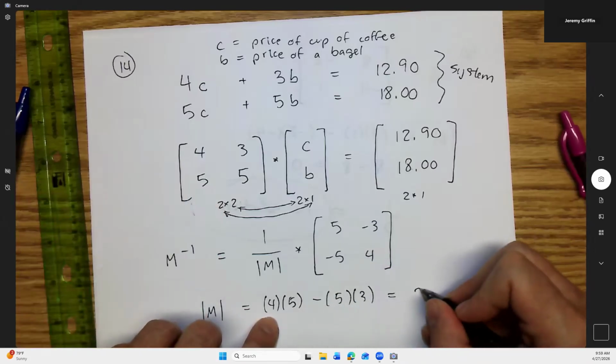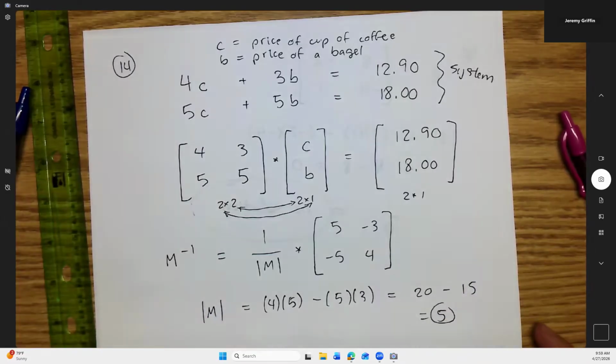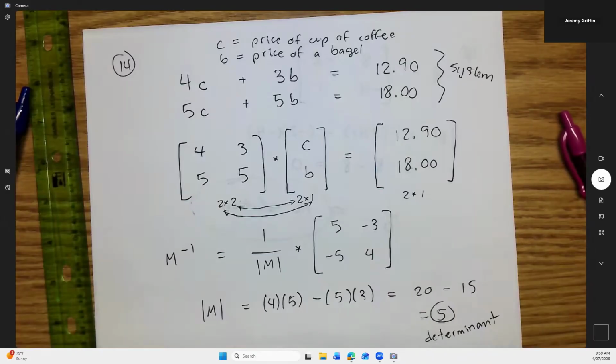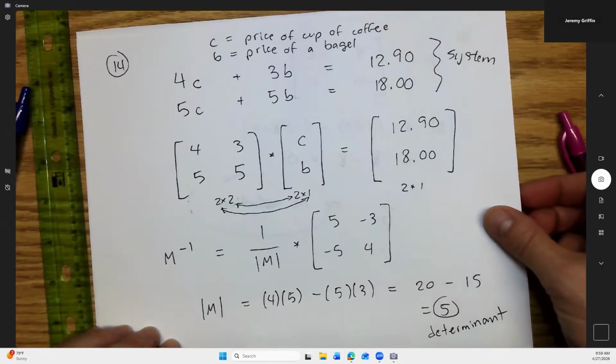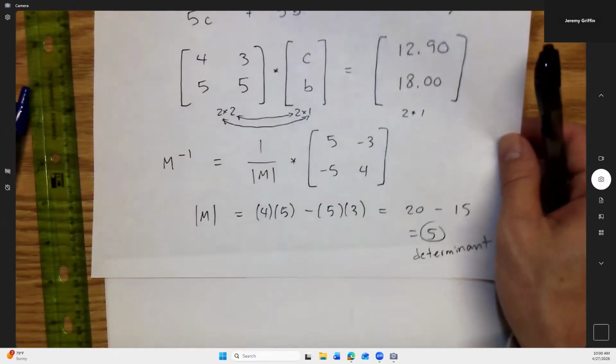Is that 20 minus 15, which is 5? Okay, so the determinant is equal to 5.